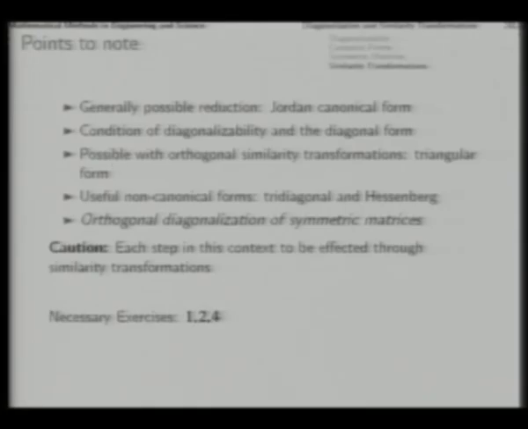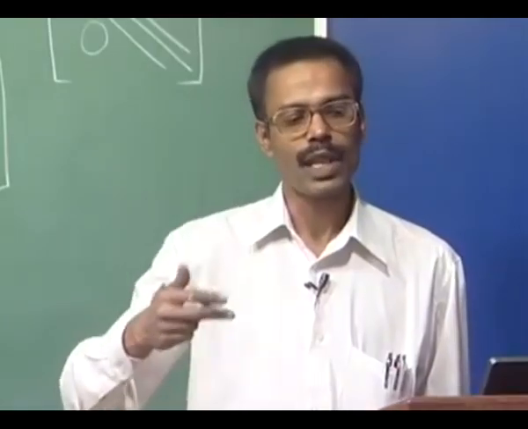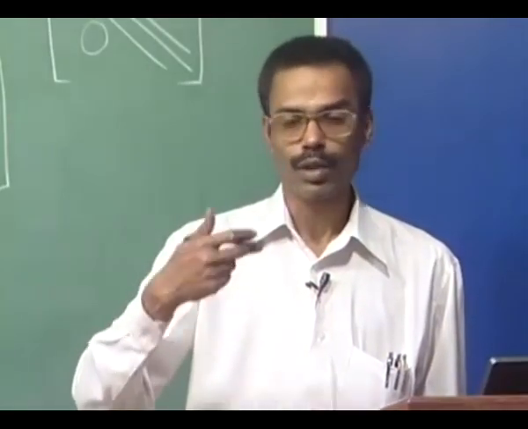Note here that in the previous chapter in the book there is an exercise which gives you the steps necessary to establish this important result, that any square matrix can be reduced to a triangular form with only orthogonal similarity transformations. This is an important result, and I will strongly advise that you must go through this particular exercise.